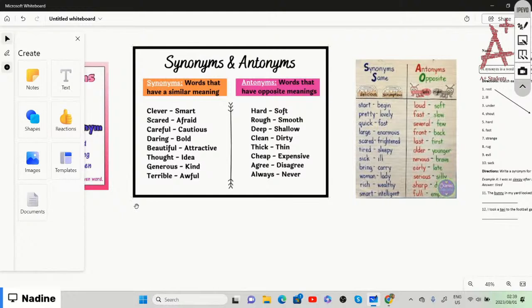Quick, fast. Large, enormous. Scared, frightened. Tired, sleepy. Sick, ill. Bring, carry. Woman, lady. Rich, wealthy. Smart, intelligent.